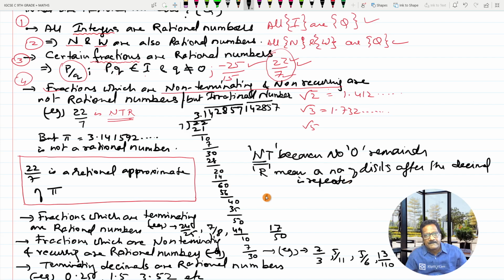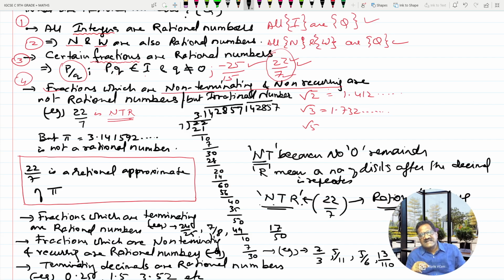So combined, you can say this is NTR, non-terminating recurring. So 22 upon 7 is a non-terminating recurring fraction. And non-terminating recurring fractions come in the category of rational numbers. So they are rational. And that is why I call this 22 upon 7 a rational number.